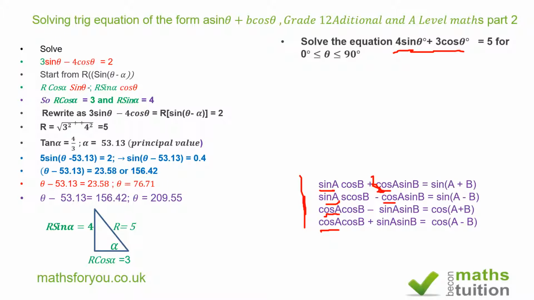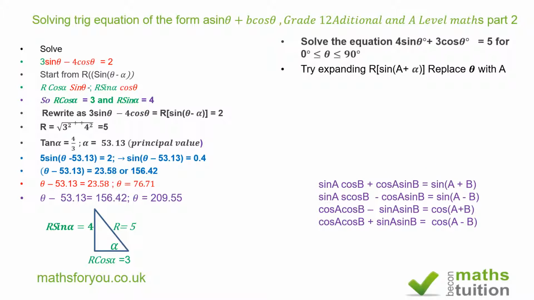Okay, so I'm going to use this. I'm going to say R into sine A plus alpha, and that's what we're going to use there. You replace theta with A, and then this equation will be similar to this one here when it is expanded, and that's what you got there.